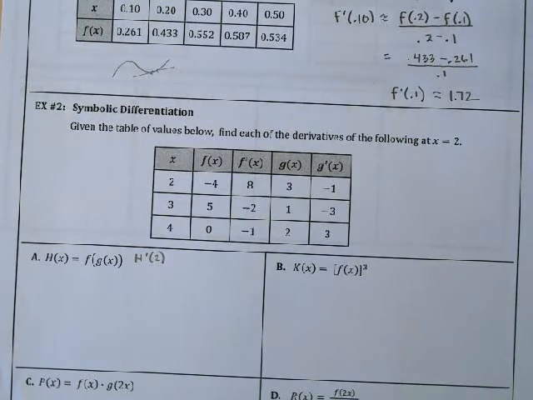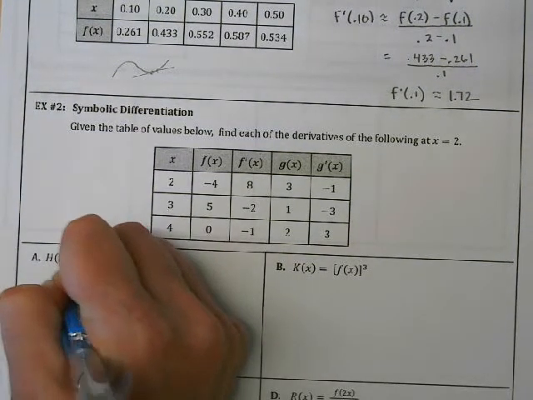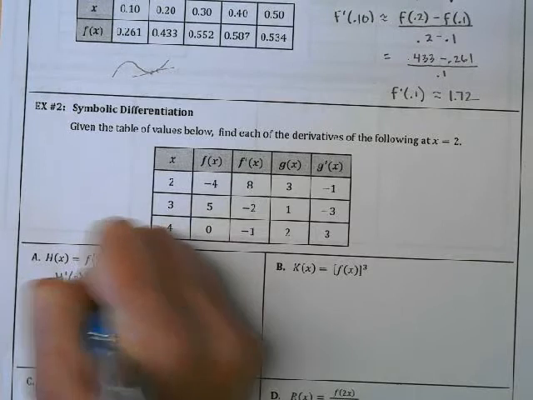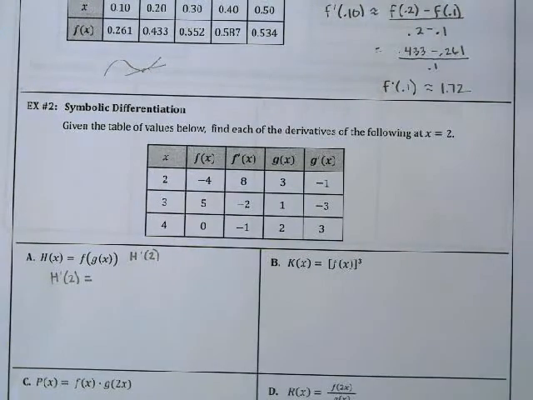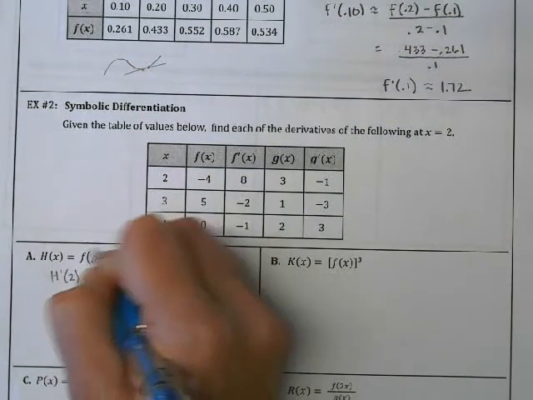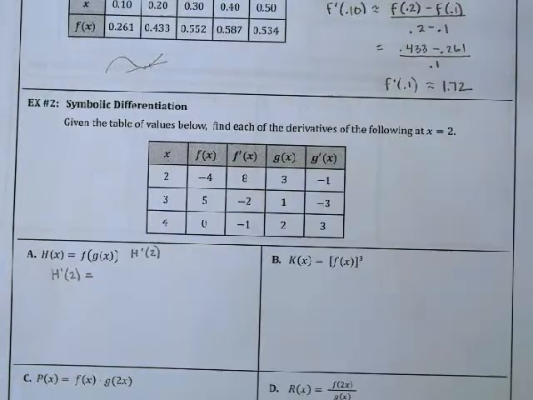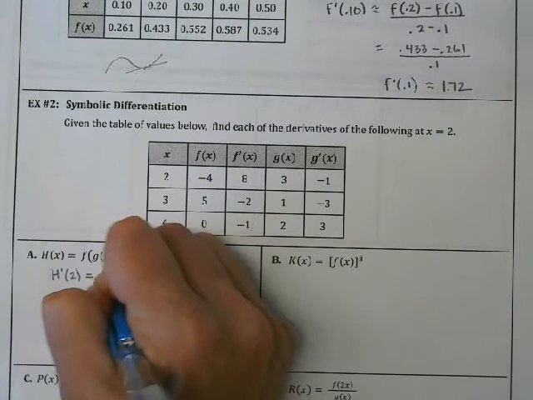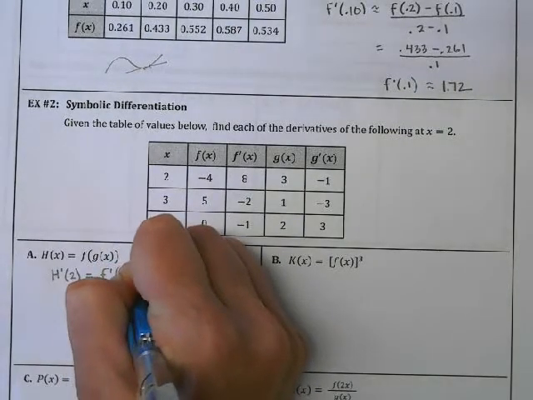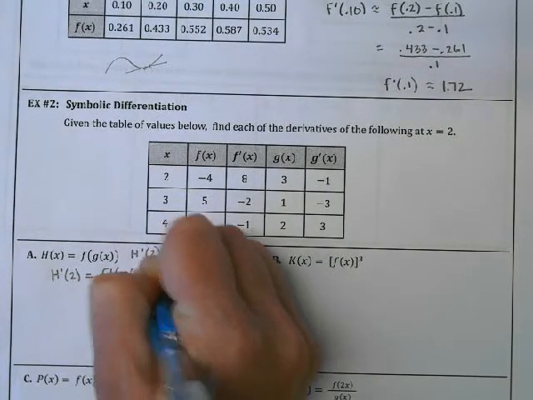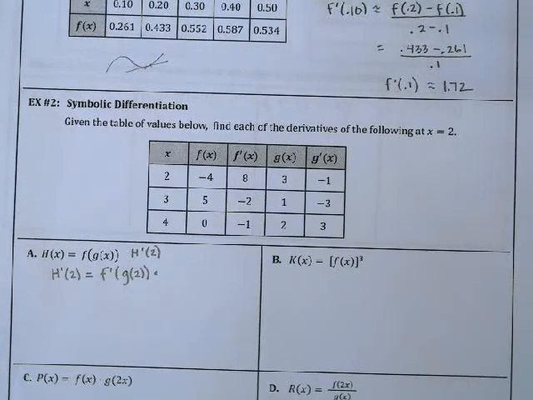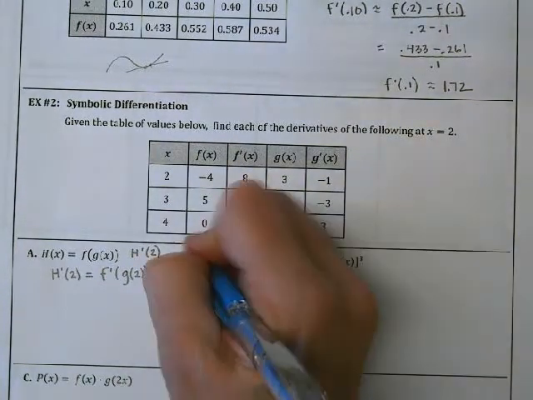Again, remember, we're looking at how we're setting this up. I know that this is a composition, so I've got a mommy and a baby. So I have to differentiate the mommy, leave the baby in, times differentiate the baby.